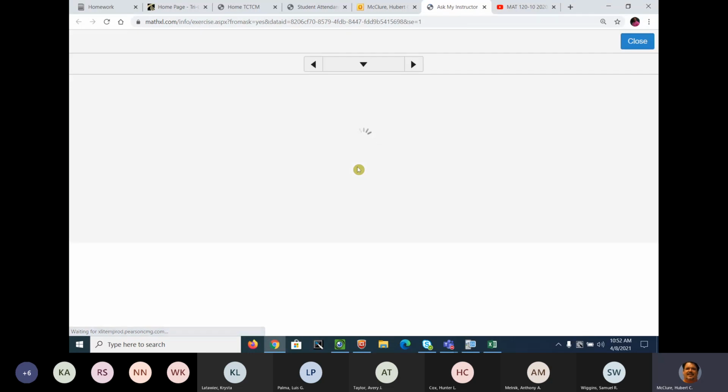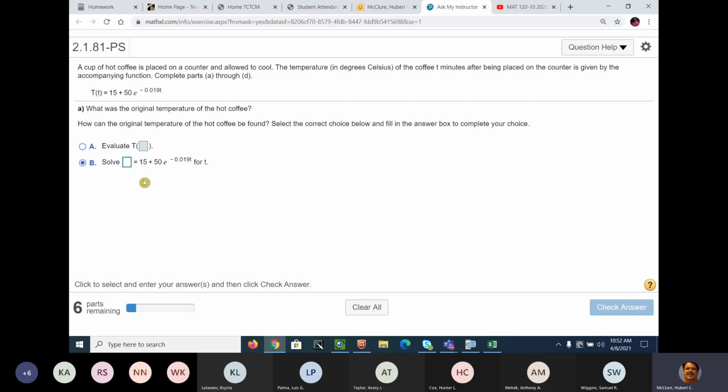Let's see, this is, okay, a cup of coffee placed on a counter to cool, given by the following formula. What was the original temperature of the hot coffee? How can the original temperature of the hot coffee be found? Well, it says a cup of coffee is placed on a counter and allowed to cool.